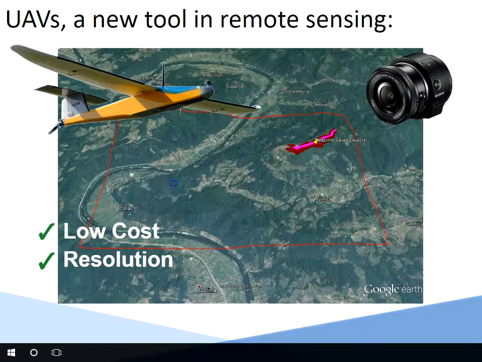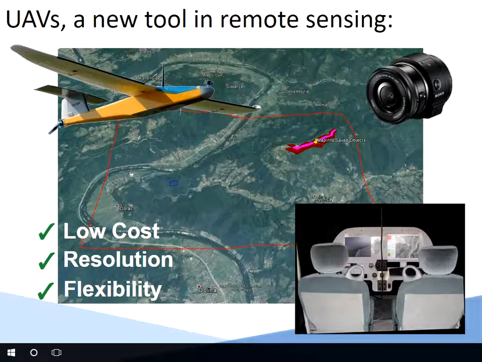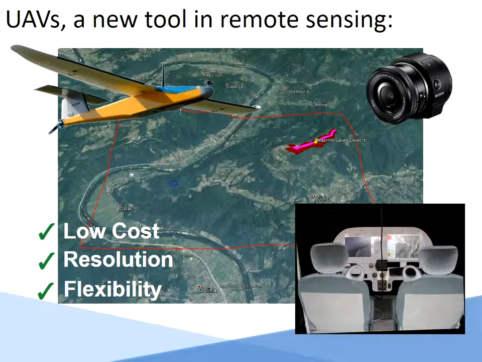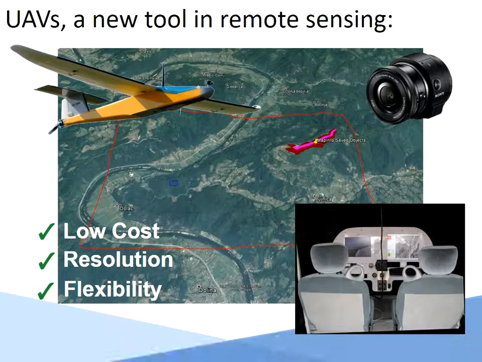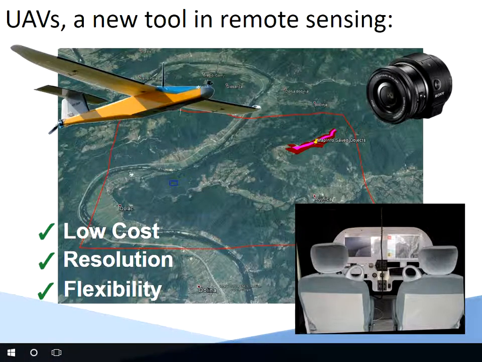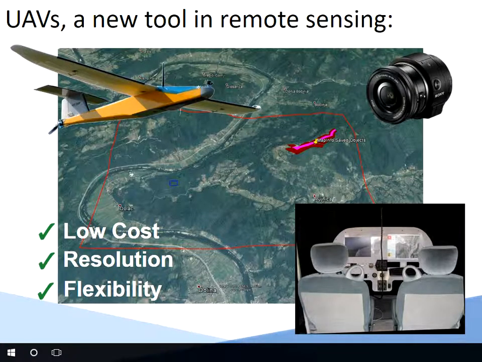And the next one, and maybe more important, is the flexibility of this kind of systems. With this kind of systems, from a ground control system, as you are seeing here, you can fly when you need it and plan the flight as you need it. So for example, if we have to fly during bad weather conditions, we can even fly because we will fly low without being affected by the clouds.